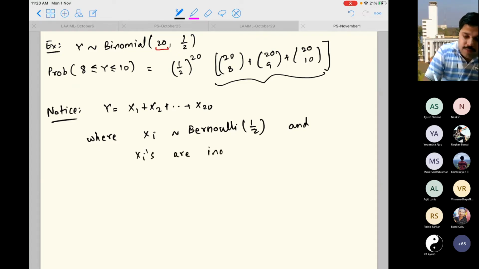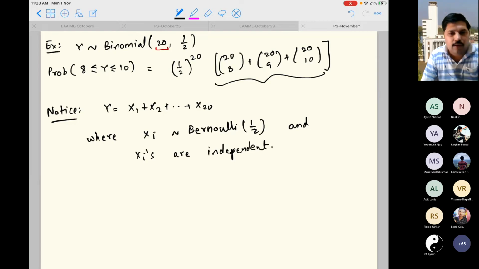Do you all agree that this statement is true? We have already seen this: binomial is the sum of n independent Bernoulli random variables.